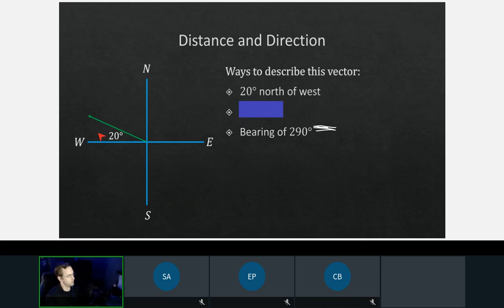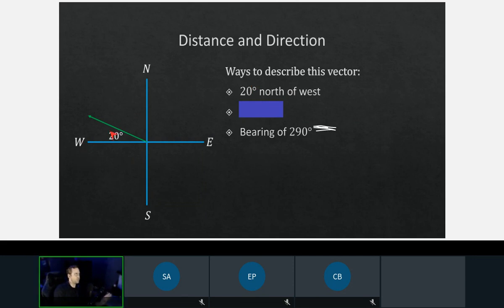So this first way, this is 20 degrees north of the west side, right? For this first way, you're always going to have north or south first. Think of this as a reference angle direction.